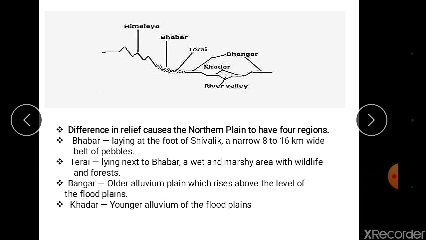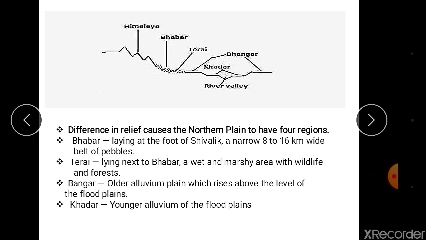Actually, this land was a very thickly forested region full of wildlife, but these forests have been cleared to create agricultural land and to settle migrants from Pakistan after partition.